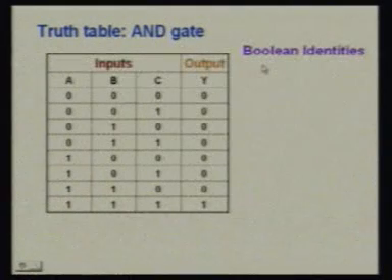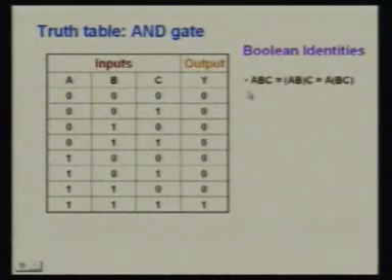Now we will define some Boolean identities which follow the AND gates. We have already studied the OR gate, so there may be a combination of Boolean expressions for AND and OR gates. Here ABC means A AND B AND C. It may be equal to (AB)C or A(BC).